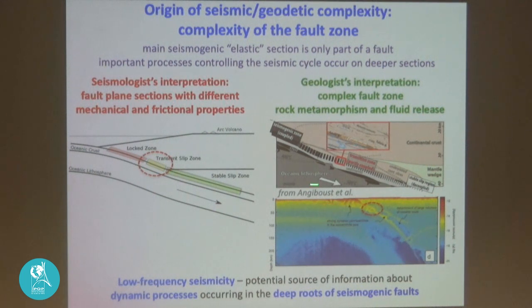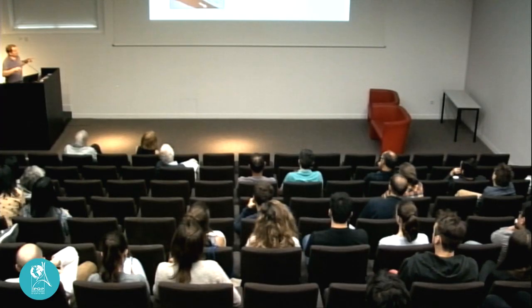This implies that the processes occurring in these deep roots of the fault zones can also be related to the presence of these fluids. And this, in my view, creates some possible analogy between the deep roots of the fault zones and deep roots of the volcanoes.